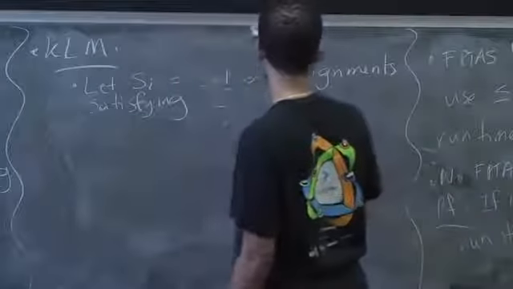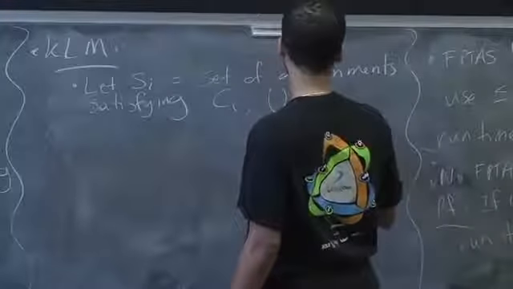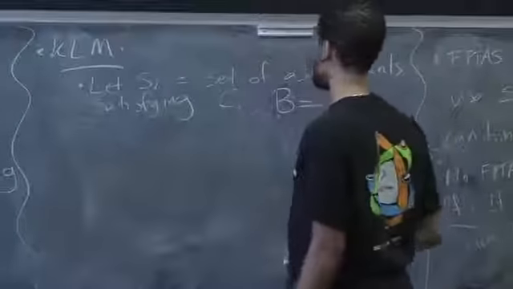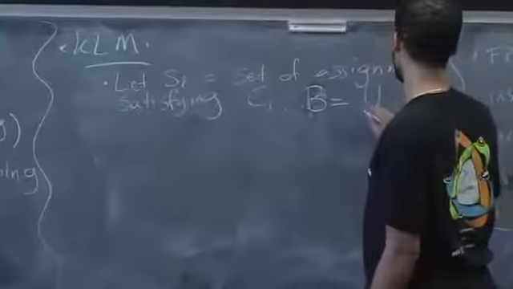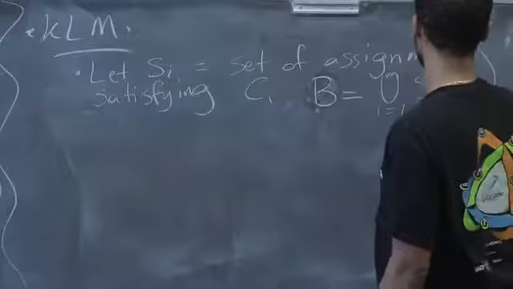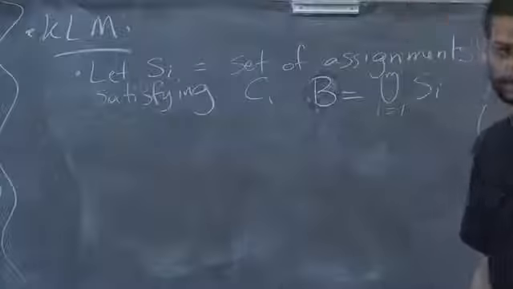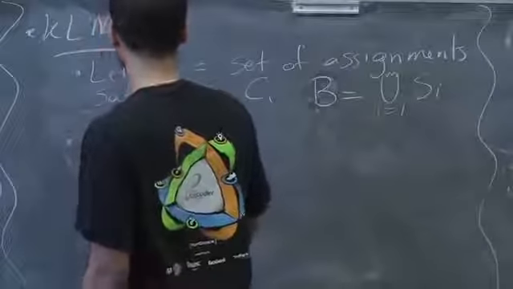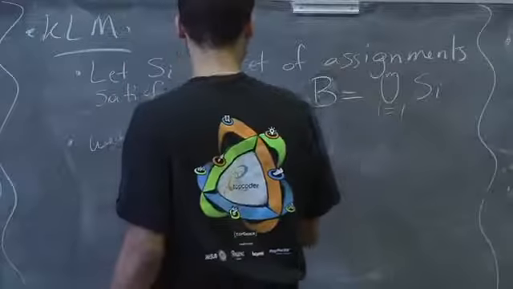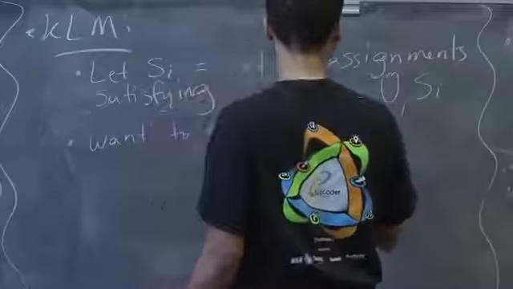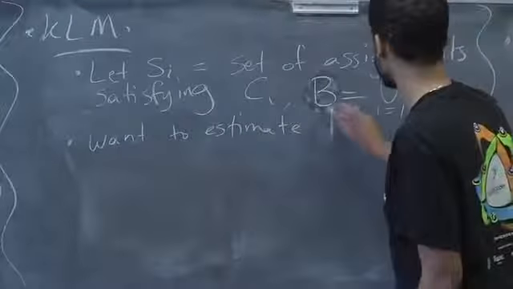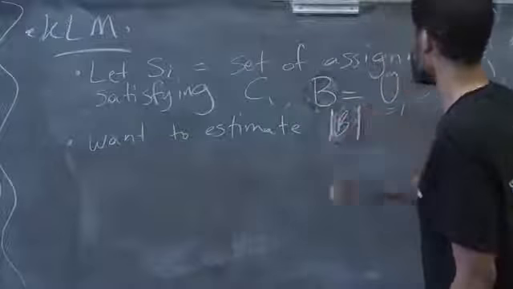And now set B to be the union over all i from 1 to m of Si. We want to estimate the size of B up to 1 plus epsilon.